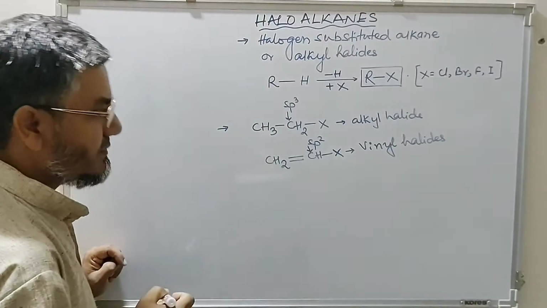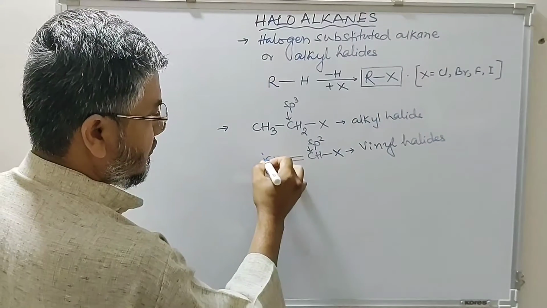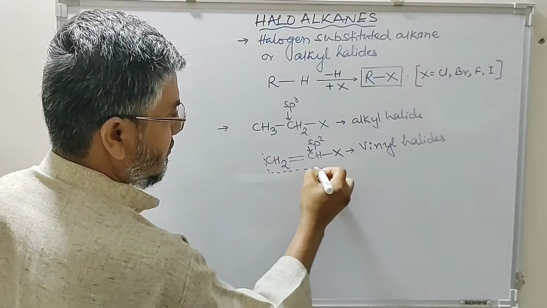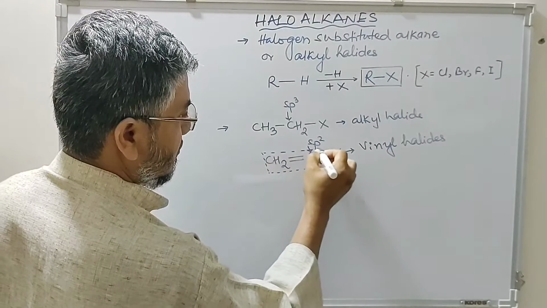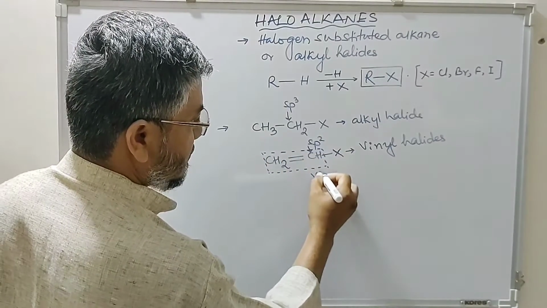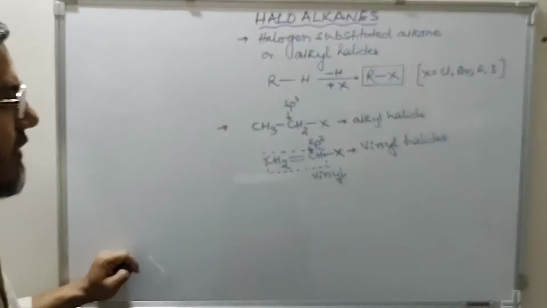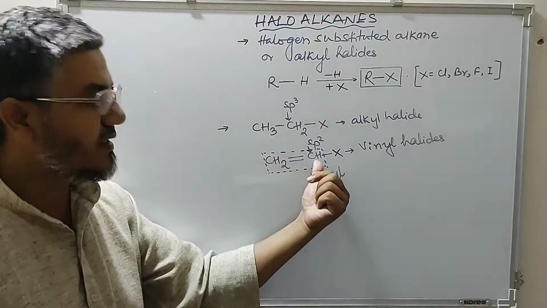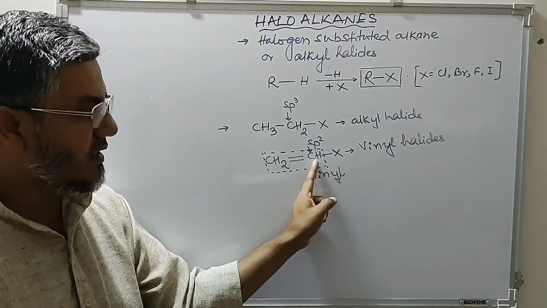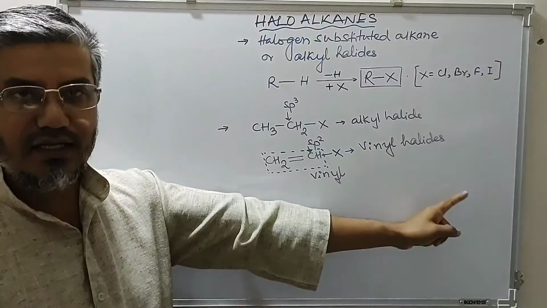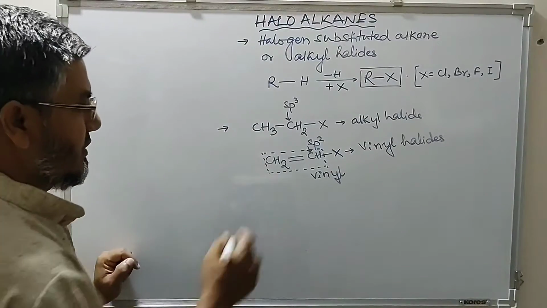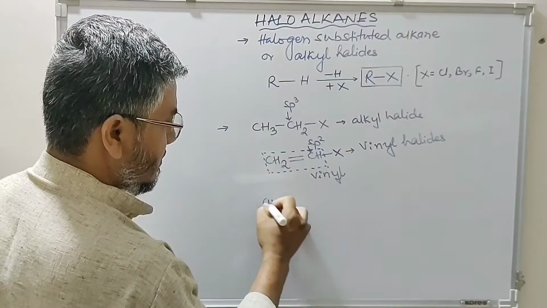So in organic chemistry, this particular group is known as the vinyl group. If the halogen is attached to a vinylic carbon, this is known as a vinyl halide.